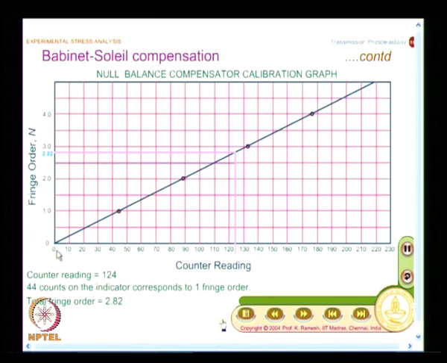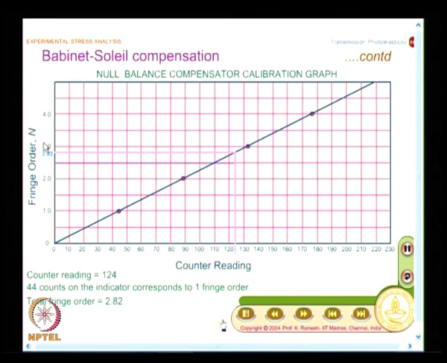You make a sketch of this graph, you do not have to put all these fine values, you just show the shape, a linear variation, with fringe order 1, 2, 3, 4. If I know the counter reading, it is possible for me to find out from this graph what the fringe order is.